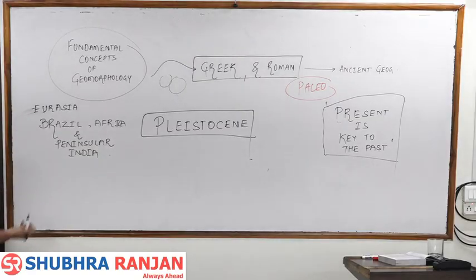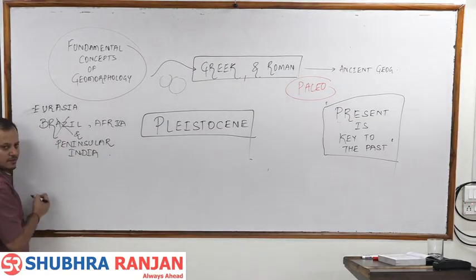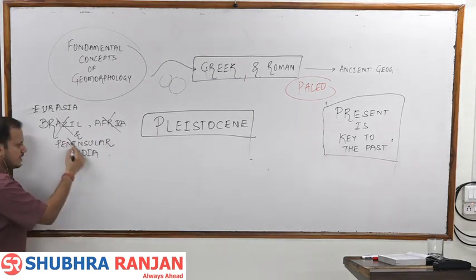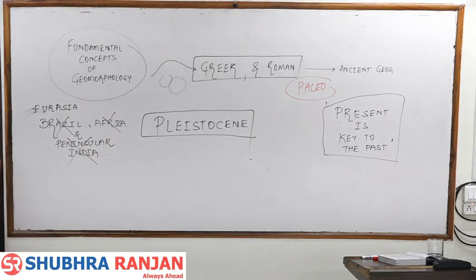But today what has happened? Is there glacier in Brazil? Is there in Africa? Except for Mount Kilimanjaro, etc. Is there in peninsular India? No. So intensity has decreased. Fine?